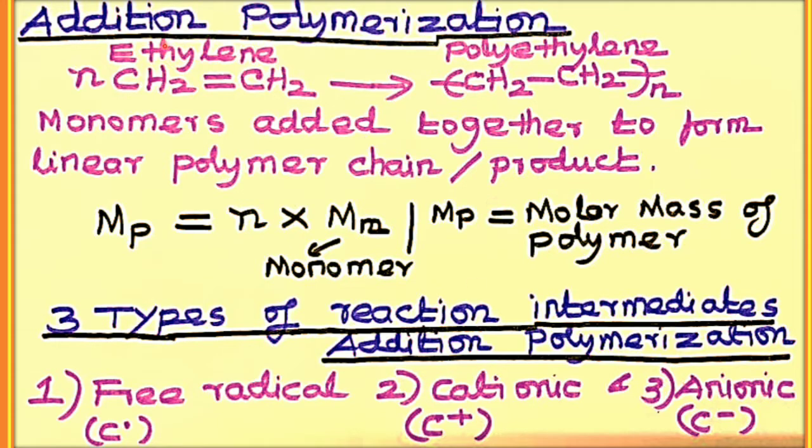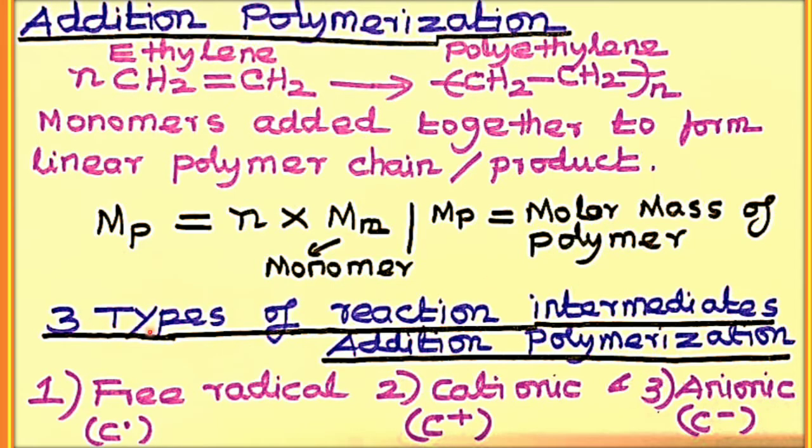There are three types of addition polymerization reactions depending upon the types of reaction intermediates. During addition polymerization reaction, there are three reaction intermediates formed. They are free radical intermediate, cationic intermediate, and anionic intermediate.